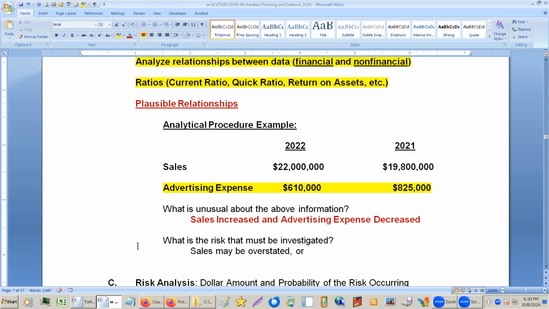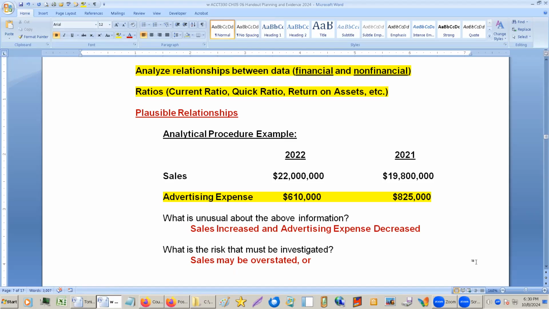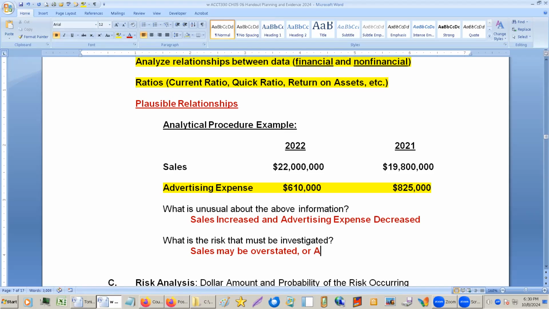And sales being overstated is probably the most serious one. That's the one you would probably be most concerned about. What else could be going on here? Or expenses understated? Exactly. Very good.